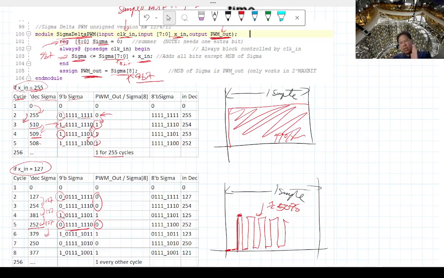You're spreading it out throughout the entire cycle instead. So it's a little bit less wear and tear on the power output. One of the things to remember is to be a little careful about pushing these to too low a frequency, because you may start hearing it if you push these down below 20 kilohertz.